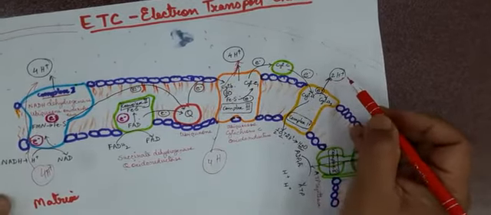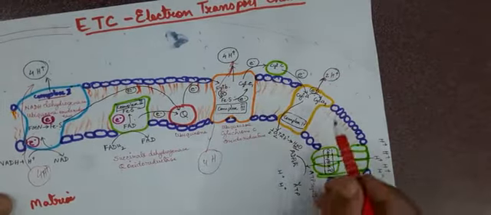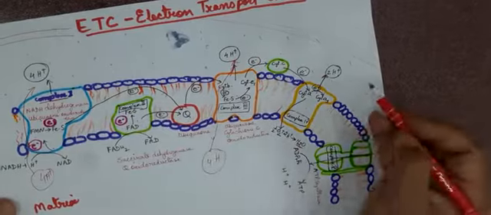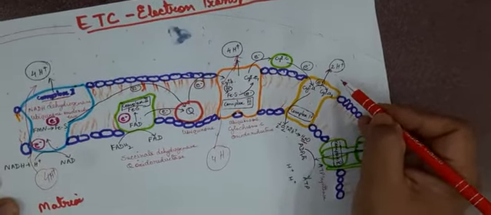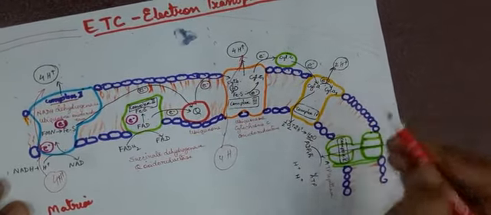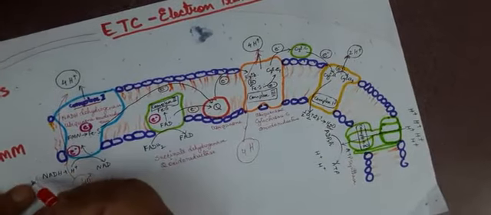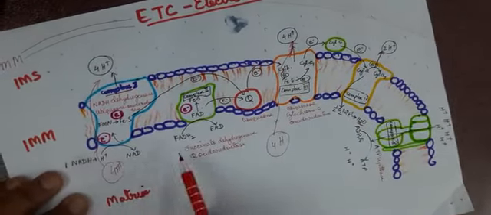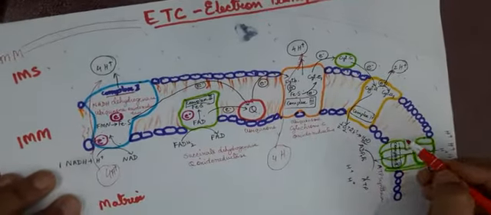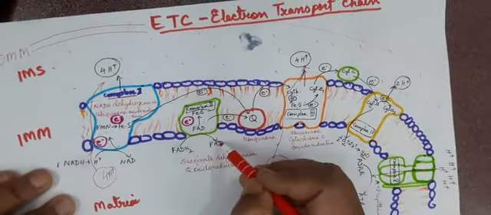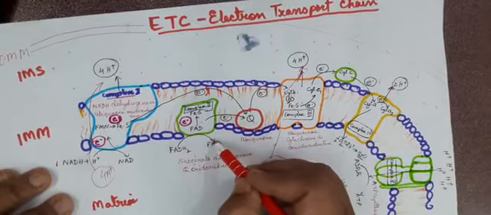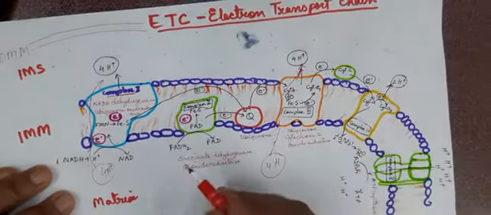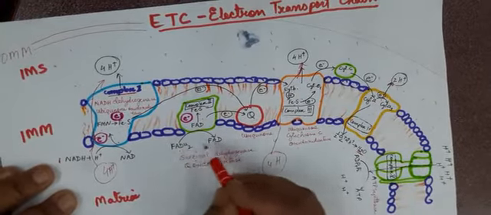That is why from these complexes, 2.5 ATP are synthesized by the oxidation of NADH.